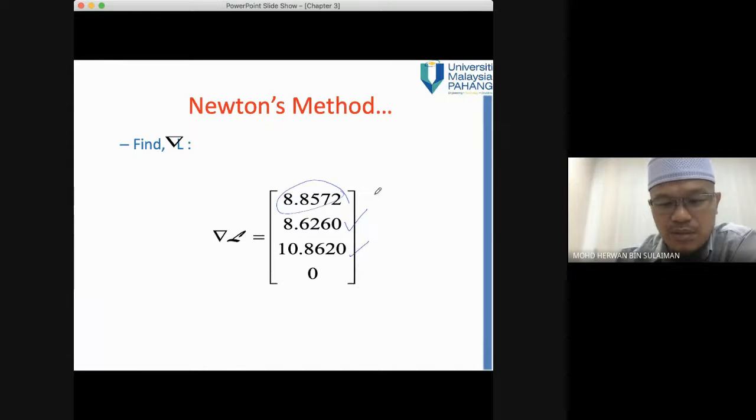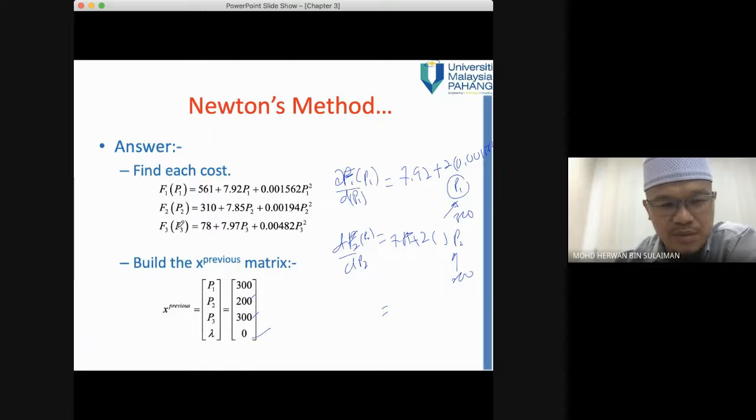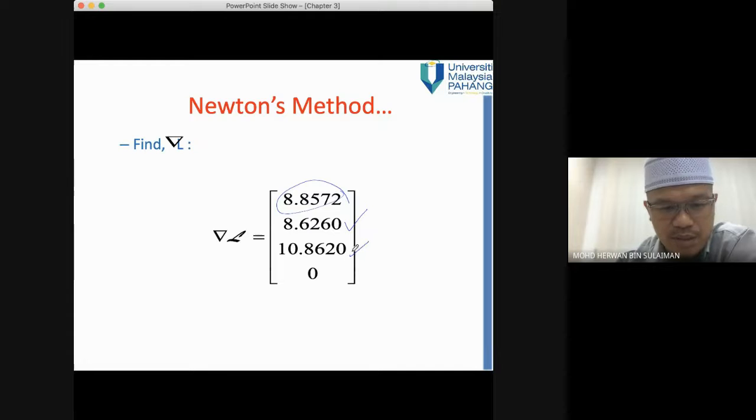And then ni juga sama, dF3 P3 with dP3. So dapat 7.97 tambah 2 darab this value, darab dengan P3 masuk 300. So you get this value, and then your lambda is 0.